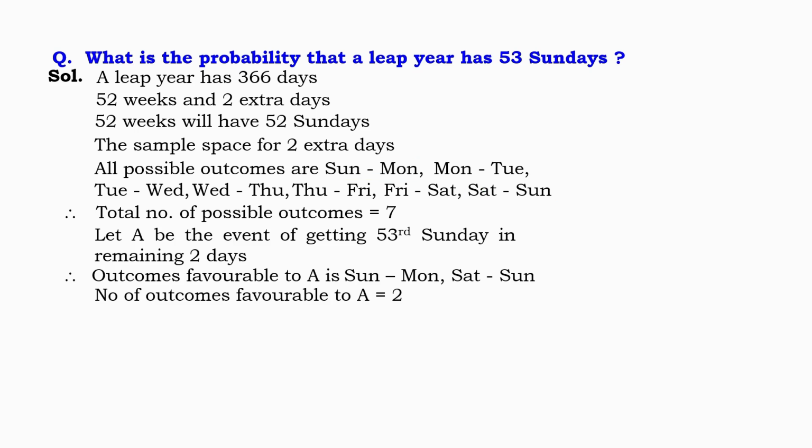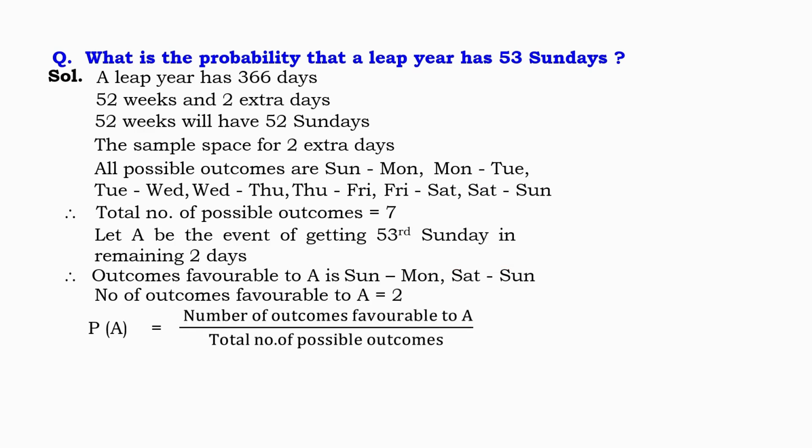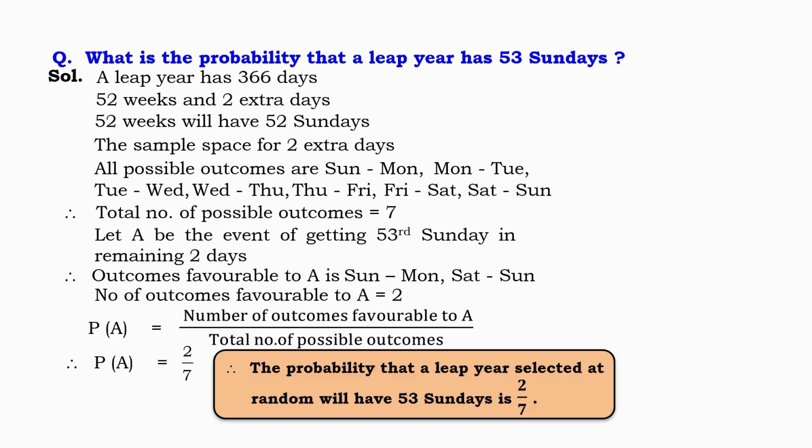The probability of event A is the number of outcomes favorable to A divided by the total number of possible outcomes, that is equal to 2 by 7. So the probability that a leap year selected at random will have 53 Sundays is 2 by 7.